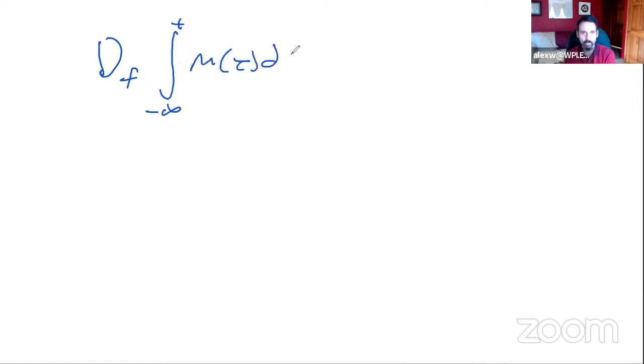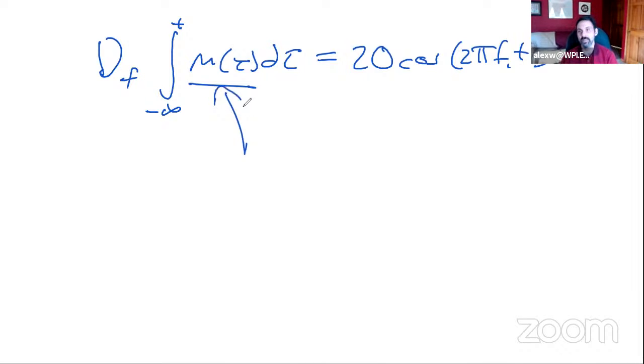So m of t is equal to the integral from minus infinity to t of df, yep, minus infinity to t, is equal to 20 cosine. So the answer is, what m of t gives us that?